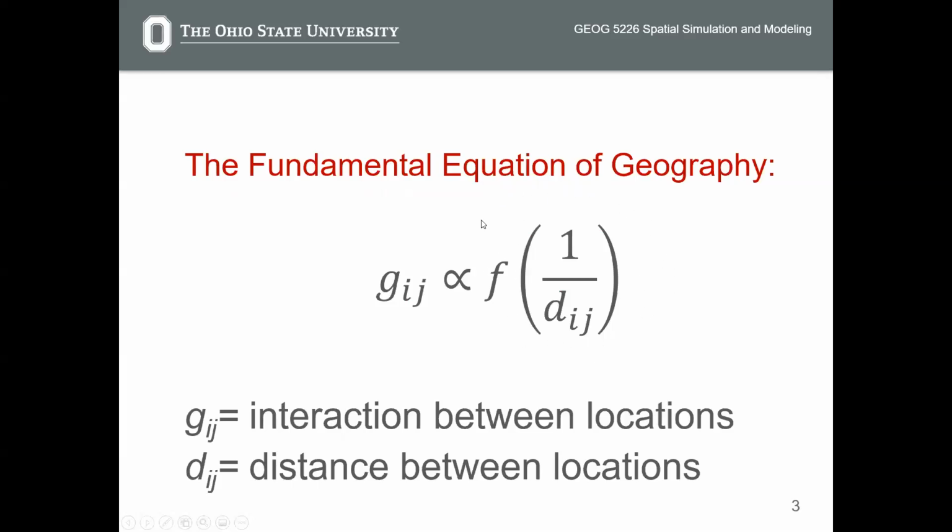And the value of this function is positively correlated with the interaction between locations. But you should know that the larger the distance, the smaller the independent variable here, right? Which means that the relationship between Gij and the Dij is negative, which means that the closer the distance, the stronger the interaction between locations. The longer the distance, the larger the Dij, the smaller the Gij, the weaker the interaction between locations, okay?